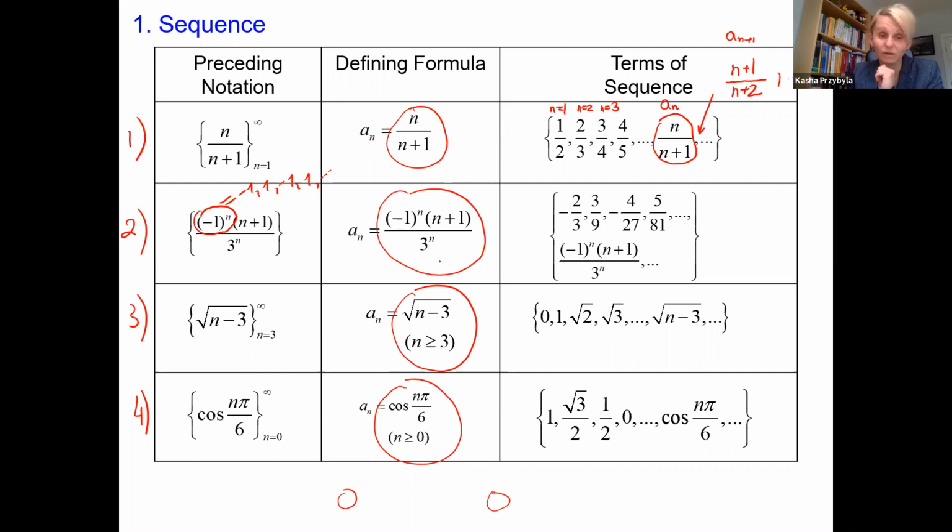We can do more things. But some of the sequences don't really form a nice explicit formula. We have another way to define a sequence, and we call it the recursive definition.